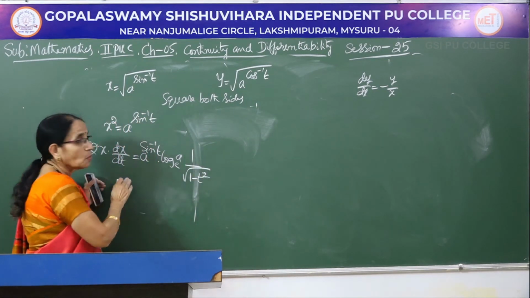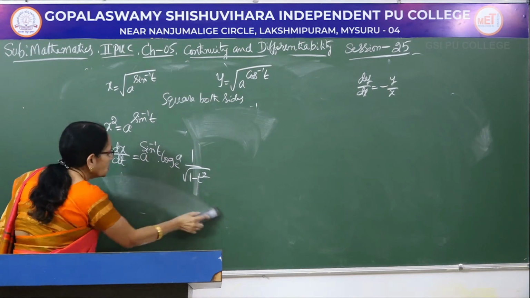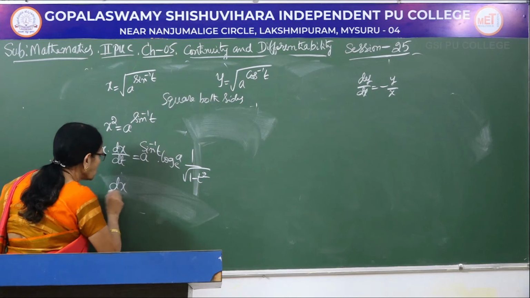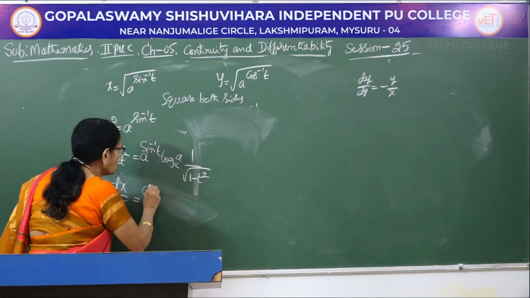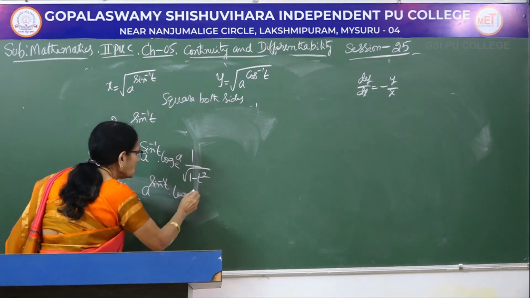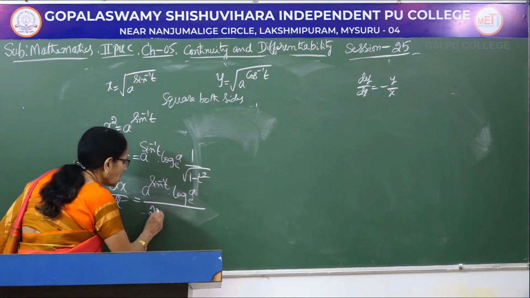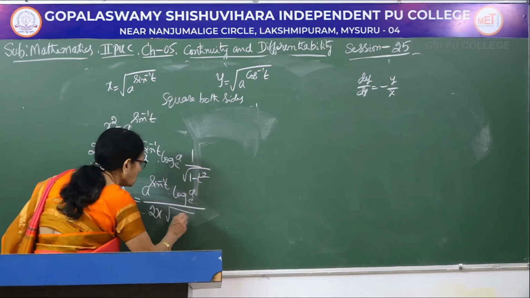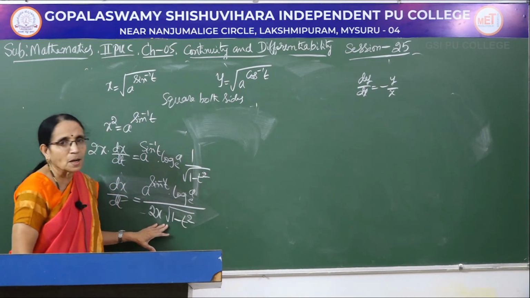Now, here we want dx by dt, therefore, dx by dt can be written as a to the power sin inverse t into log a to base e, whole thing divided by 2x, which comes to the denominator of the right hand side, root of 1 minus t square.